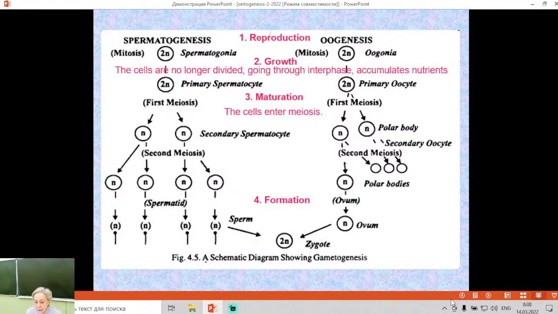After mitosis, each spermatogonia has 2n2c because during anaphase of mitosis, chromatids move to opposite poles, and each cell will have only 1 chromatid in 1 chromosome.